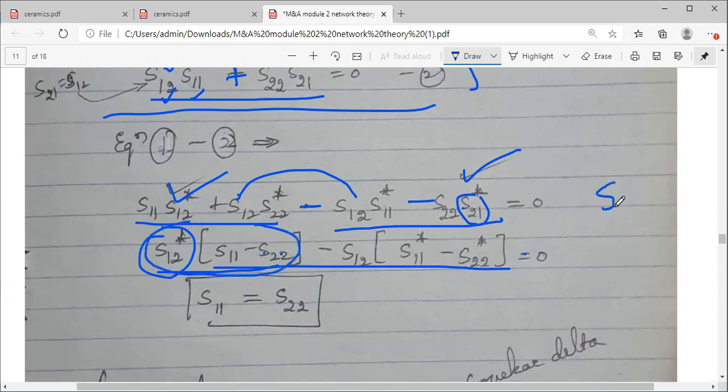I'm just taking the possibilities, कब ये इक्वेशन 0 होगा. So S12 star is equal to 0. If I take this, तो ये आपका जो फर्स्ट टर्म है 0 हो जाएगा. 0 minus something, no, it can't be 0, right? 0 minus something can't be 0 because ये S12 नहीं है, sorry, S12 star नहीं है, S12 है. S12 star I am considering 0.